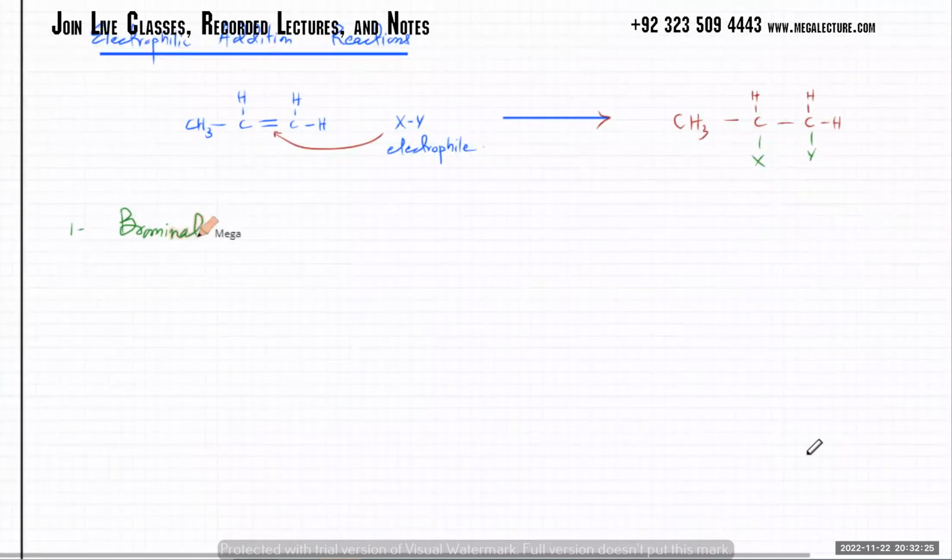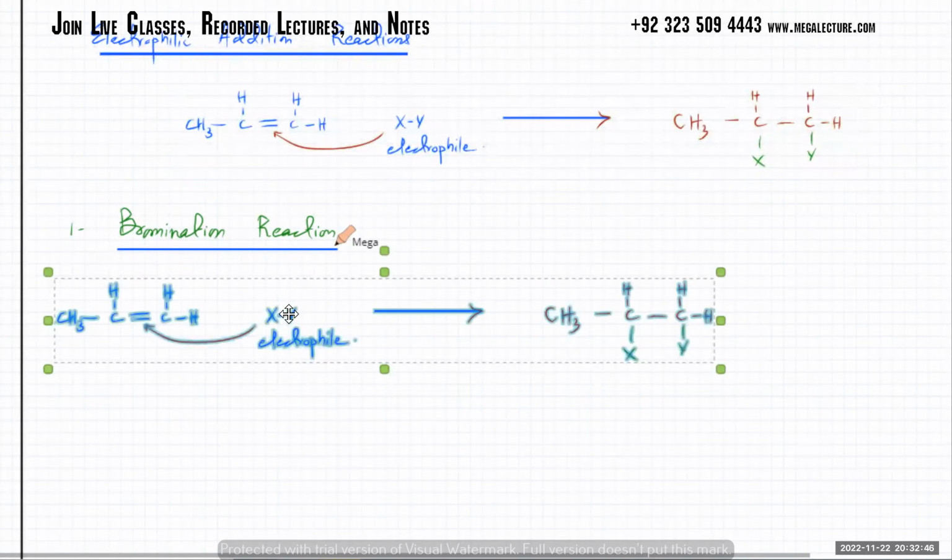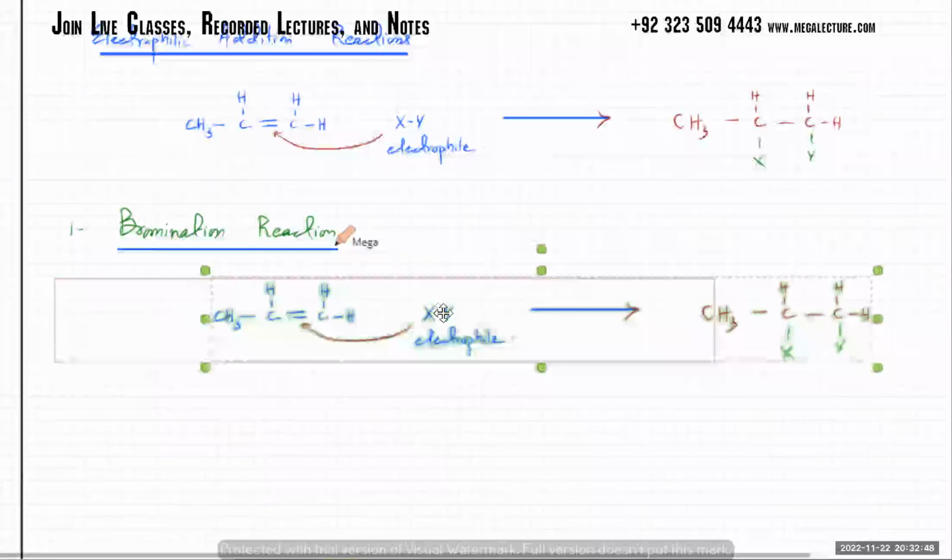So these are all electrophilic addition. The first one is the bromination reaction. Now the bromination reaction is exactly the same. No difference. Hold on to this. Just change XY to Br2 molecules, right?